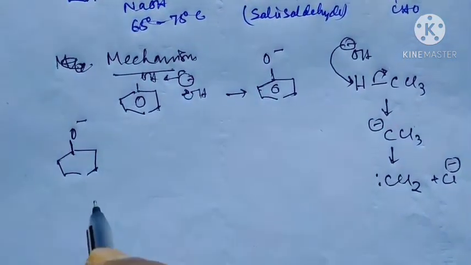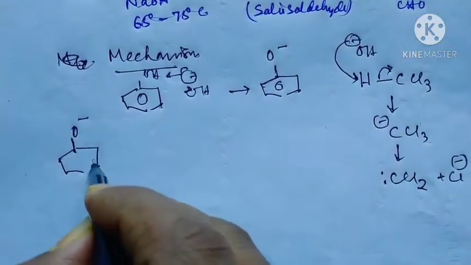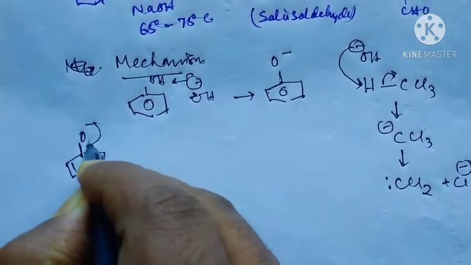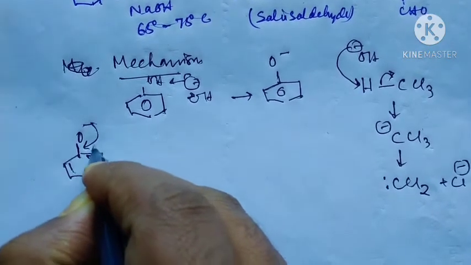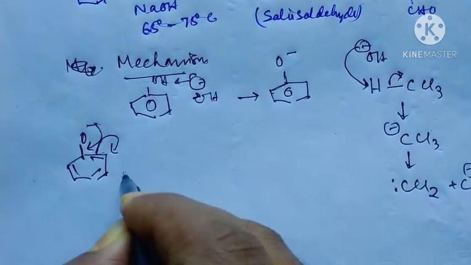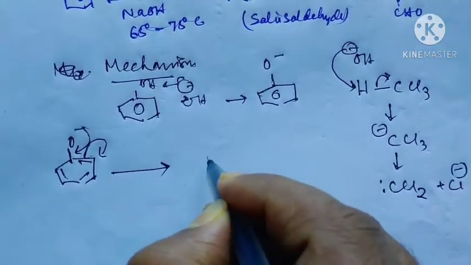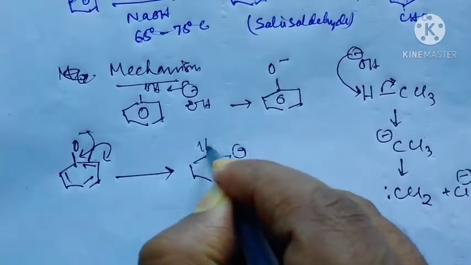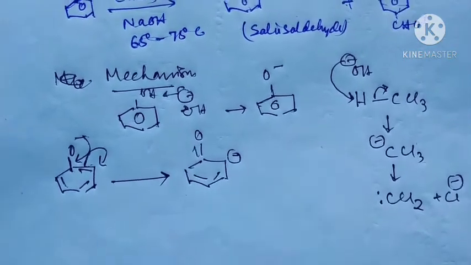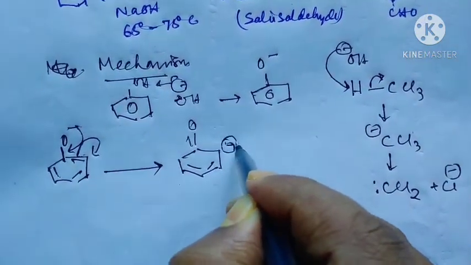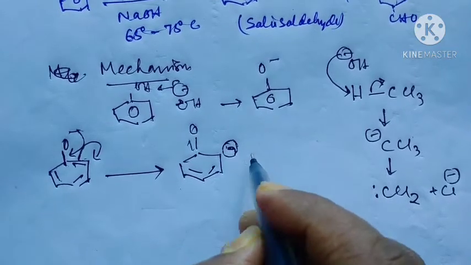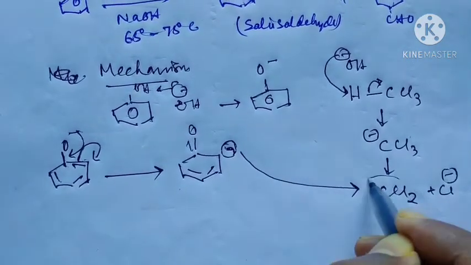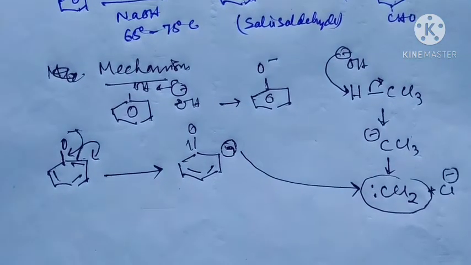Now you can see this is our phenate ion. Phenate ion first, due to the resonance system, forms this formation. Okay, and this minus attacks this CCl2, and this one is the electrophile.